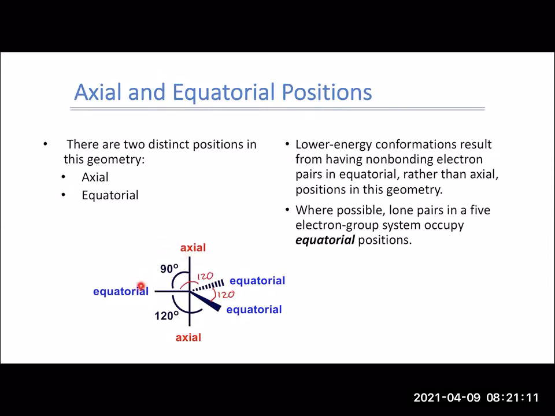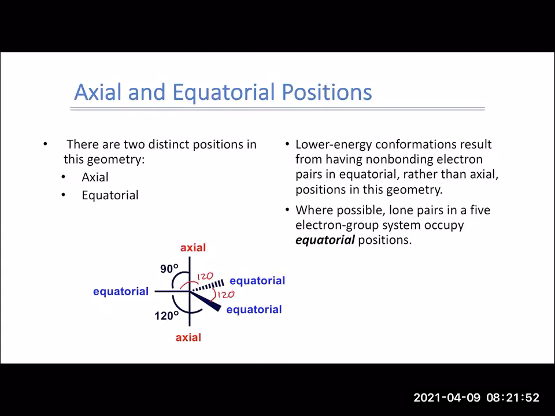That's a smaller angle. So my lower energy configuration results from having the non-bonding electrons equatorial. Because if I make one of these non-bonding, that non-bonding is 120 away from at least 2 other atoms. If I make this one the axial non-bonding, then it's only 90 degrees away from all the other atoms.